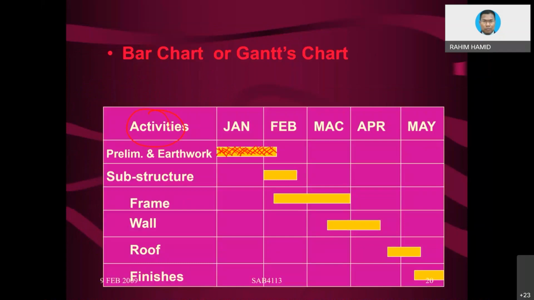But when it comes to timing, January, February, this is what we call the timing or time scale. The length of the bar reflects the duration of that activity, and this is simply the list of activities. That would be the first, the Gantt or bar chart.